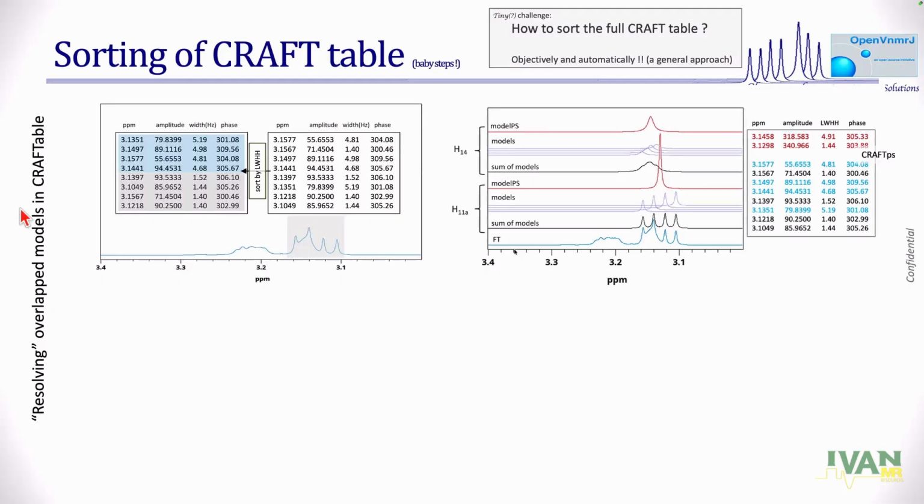I am still a lazy guy. I don't even want to look at that table to decide what it is. So in this type of analysis, I would rather spend a lot more time having fun building a nice looking spectrum that I can use to direct my table sorting.